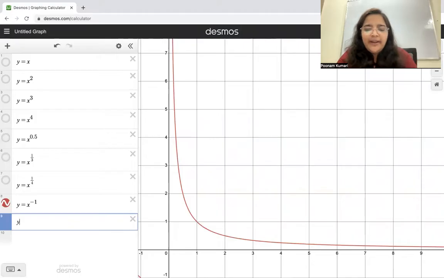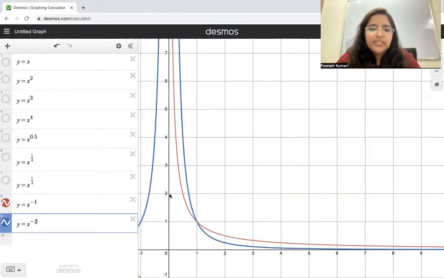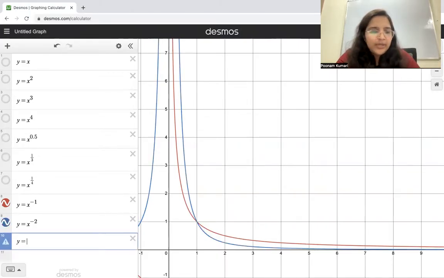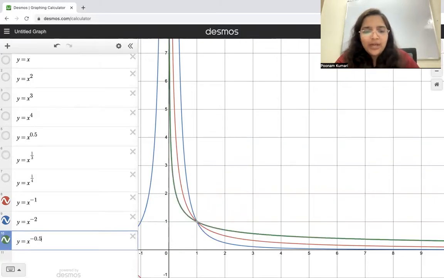सिमिलरली आप y equals to x power -2 को अगर प्लॉट करने की कोशिश करोगे, so what do you see? Again, this is also downward sloping. So what do we see? What is a pattern that we are able to recognize here, which is कि अगर आपकी power negative है, तो आपका जो ग्राफ है, it is downward sloping, ठीक है.